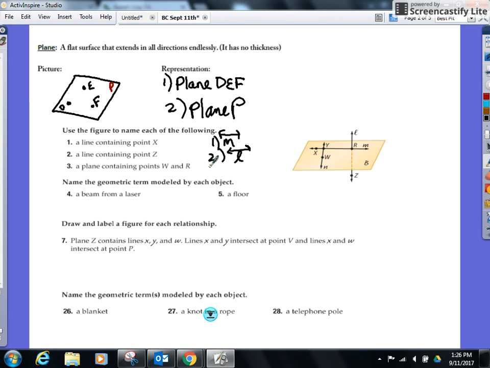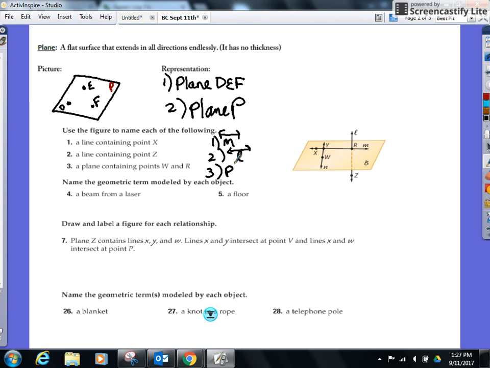And then how about a plane that contains points W and R? Remember, when you name a plane, you can name it by the letter in the corner or 3 points that do not form a line. So give me a plane containing W and R. What do we got, Alyssa? Plane WRX.